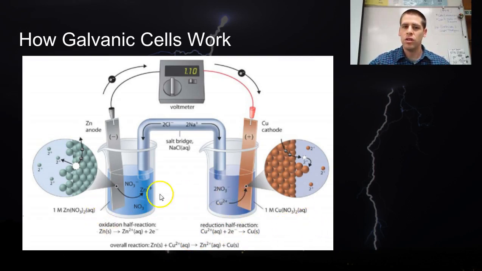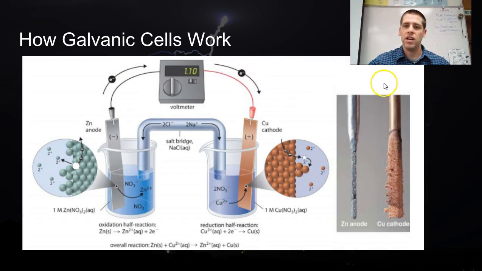Now, because we're moving electrons from one side to the other, we're actually going to affect our electrodes. Over time, the zinc electrode will get smaller because it's losing its atoms into the ionic solution. And the copper electrode will get bigger because ions in solution are basically plating onto the copper electrode.